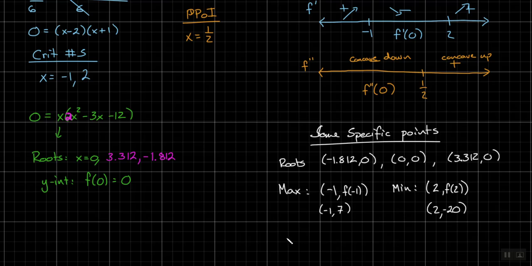Okay, any other important points that we should plug in and find? Do I have a POI? Ms. Bacalzo, I saw you nodding yes. Where would you find that point of inflection? 1/2, comma, f of 1/2.